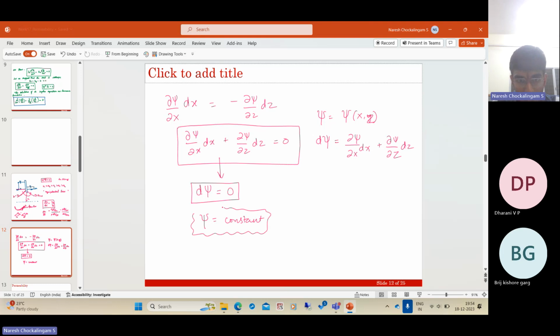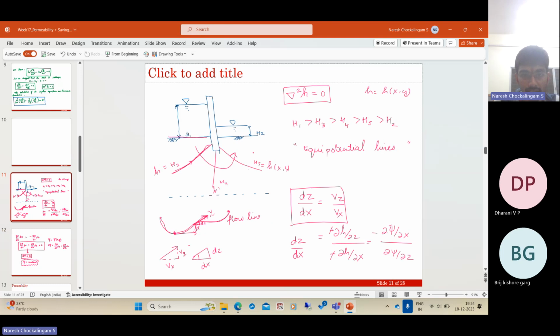So what does this say? This says that if you derive the discharge velocity vector as the gradient of a potential, which is h, and that potential is nothing but the total head at every point, think of these as functions of two variables. You have a scalar potential, which is the total head at every point.